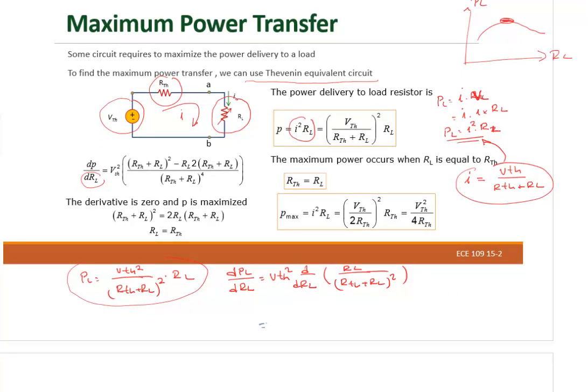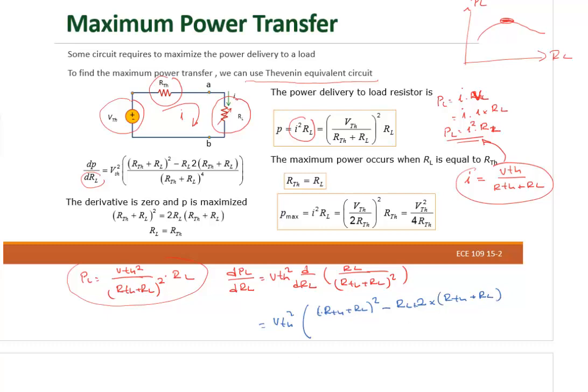So the derivative will be VTH squared, parentheses: the first numerator derivative will be 1, times (RTH plus RL) squared, negative the second part, the derivative of the denominator: RL times 2 times (RTH plus RL).